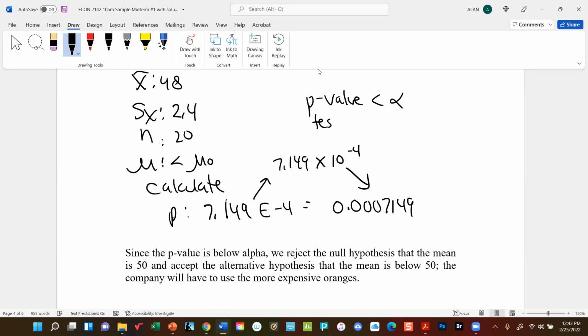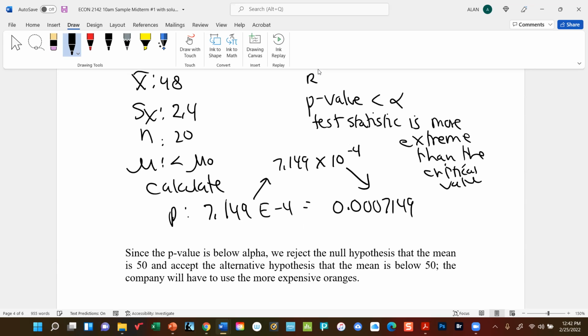The test statistic is more extreme. These are the two things, the p-value approach, and then the critical value approach. Either one of these means that you reject the null.